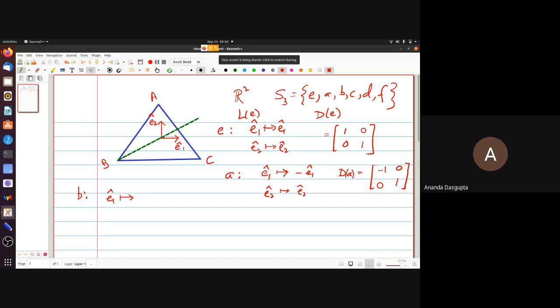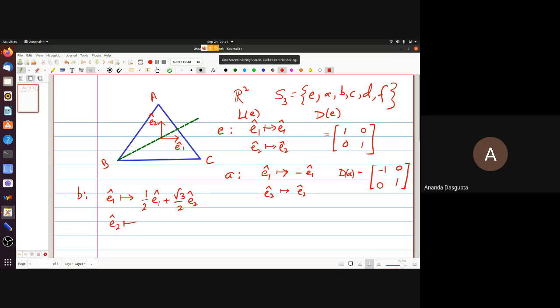So if you reflect in this, you will get an E1 prime, making an angle of 60 degrees total with E1. And that means it's going to be half E1, that's cos 60 degrees, plus root 3 by 2 E2, sin 60 degrees, right? Is it okay?